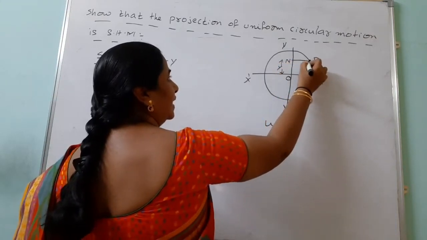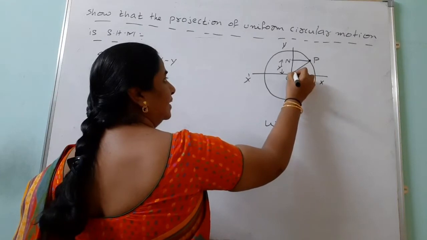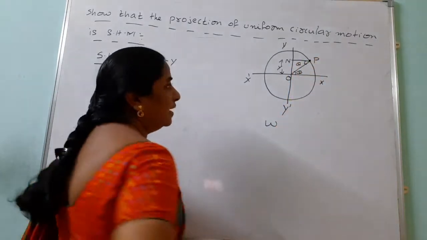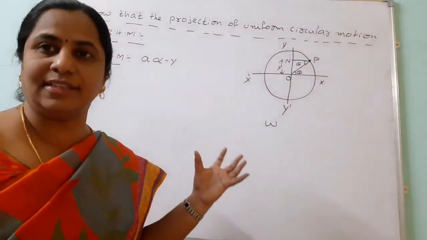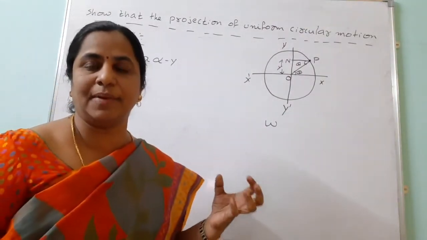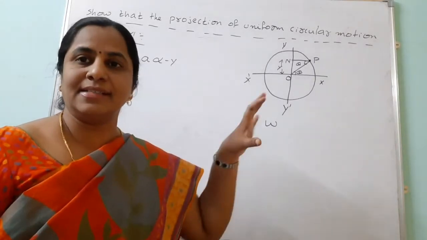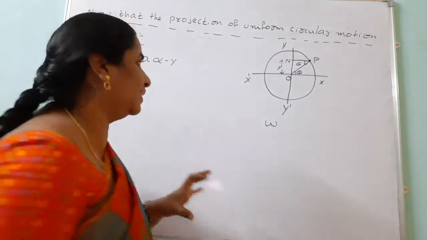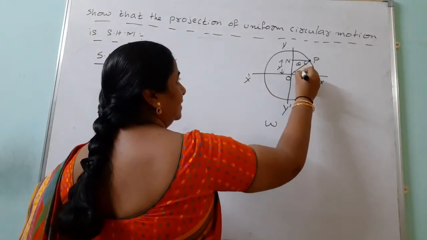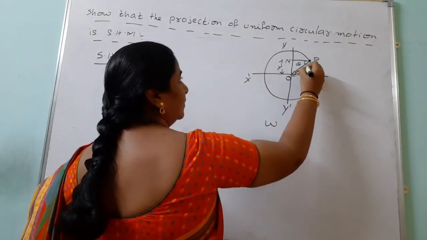It will make an angle theta here. Theta is the angular displacement and the radius of the circle is nothing but the amplitude in this case, because the maximum displacement of the vibrating, oscillating particle in circular motion, the radius we should consider as the amplitude. So from here to here the distance is amplitude A.